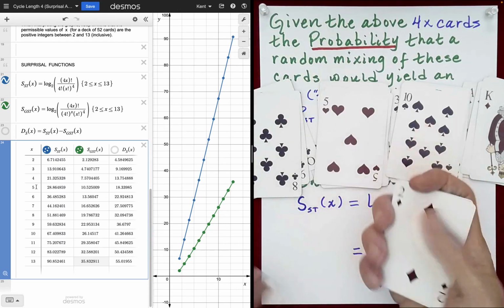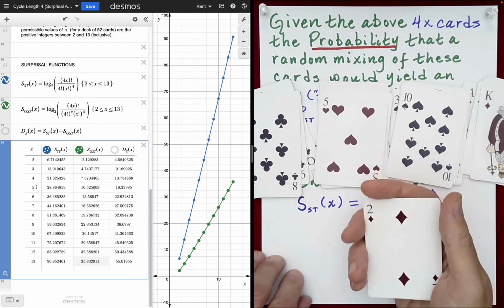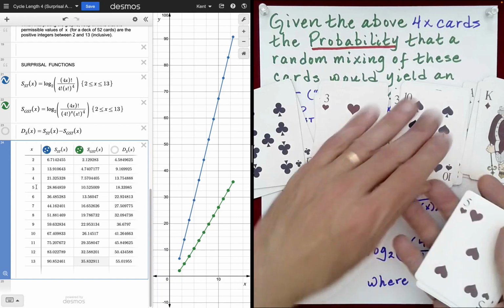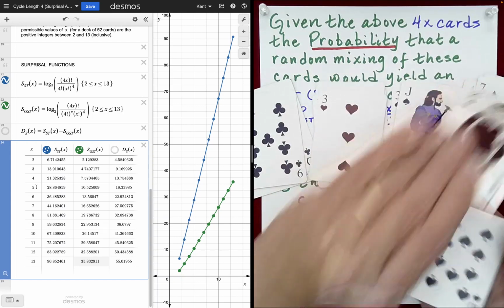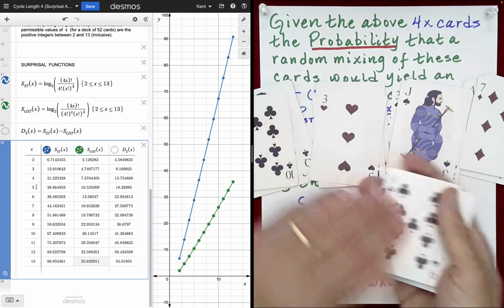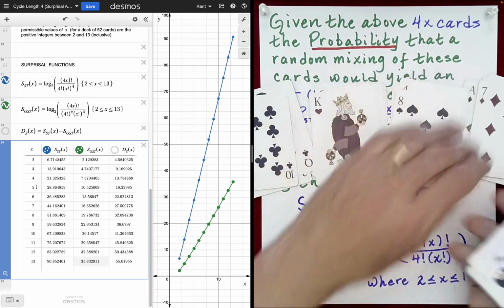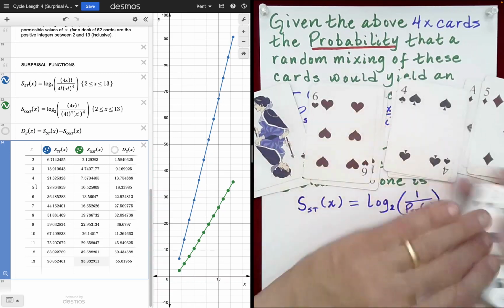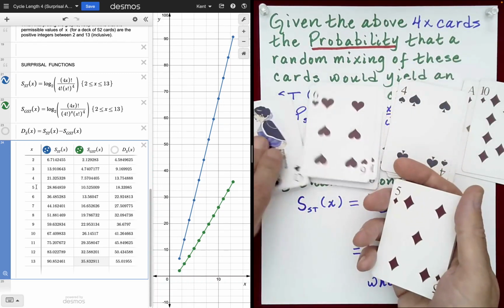But I'm just putting them in the classic CHaSeD order. Clubs, hearts, spades, diamonds. Okay, so that's X value of 2. That's 3, 4, we're almost done.